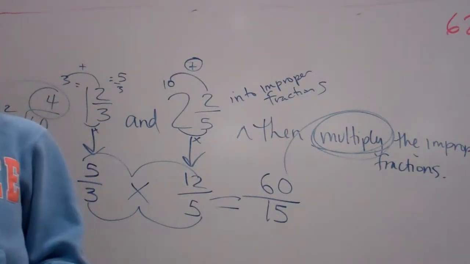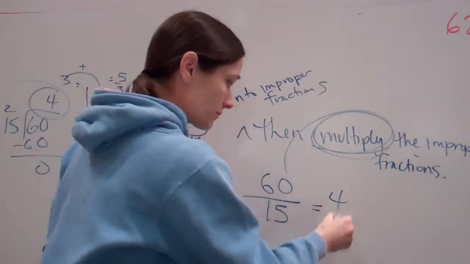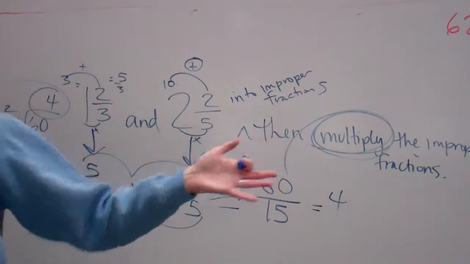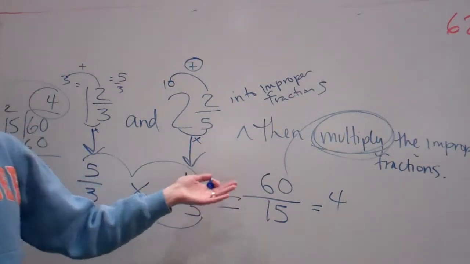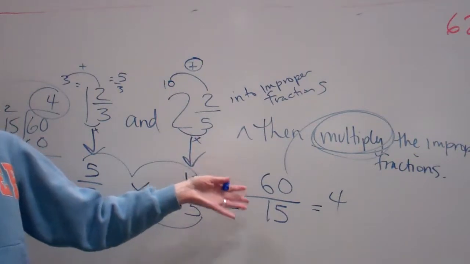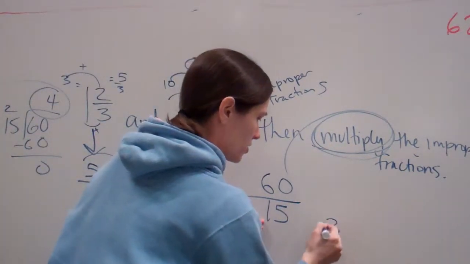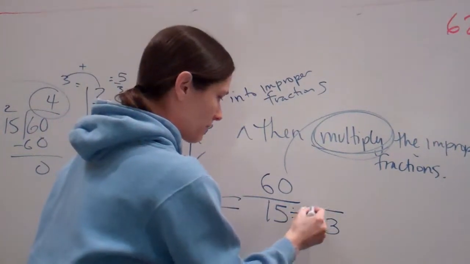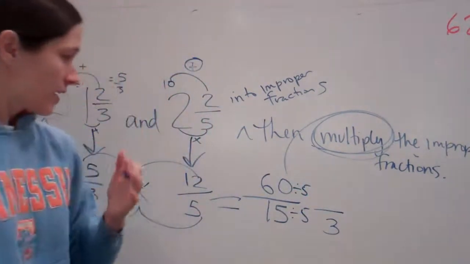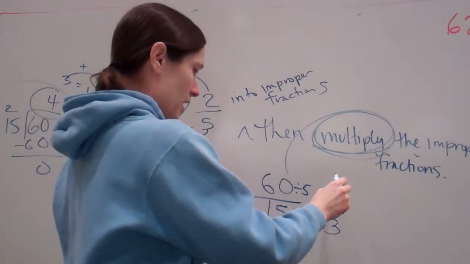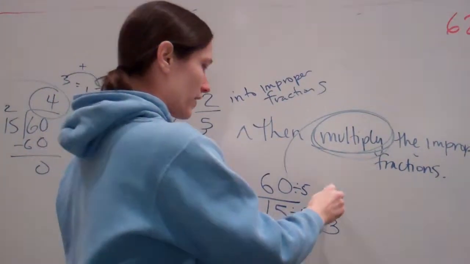Basically, if I were to reduce first and then convert, it would have looked like this. I would have said, what number goes into 60 and 15? I would have chosen 5. So I would divide this one by 5, and this one by 5. And 5 times 12, thank you.